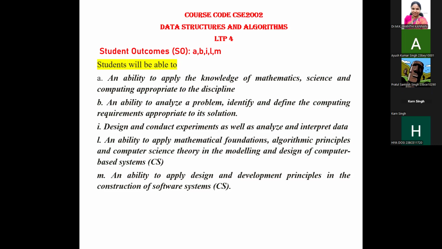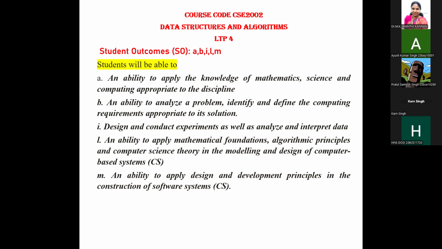So the fourth student outcome is an ability to apply mathematical foundation, algorithmic principles, and computer science theory in the modeling and design of computer-based systems. So whatever logic you are studying, you can apply while solving your projects, while designing the project.